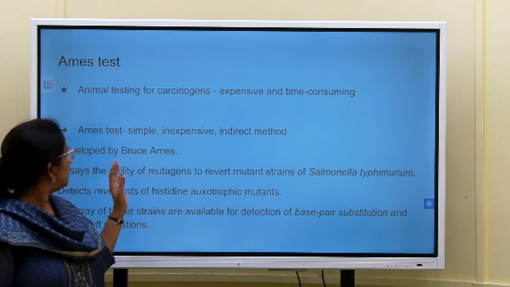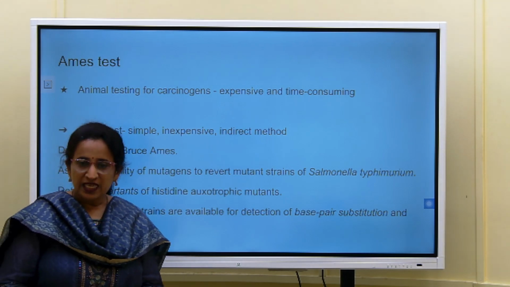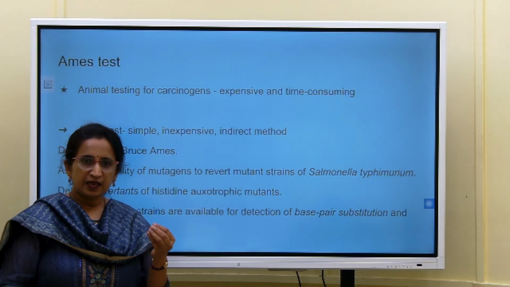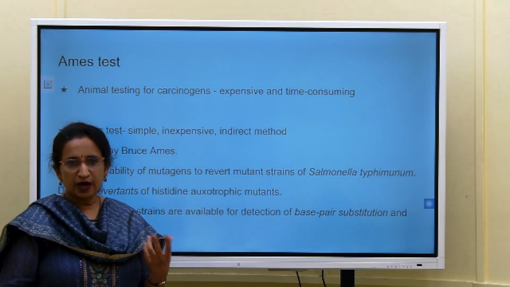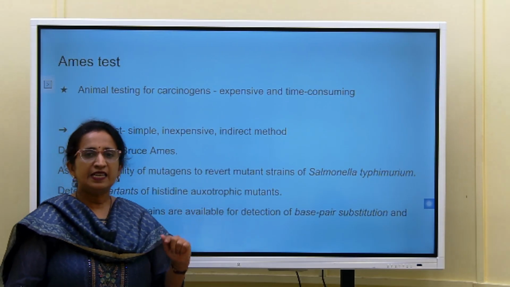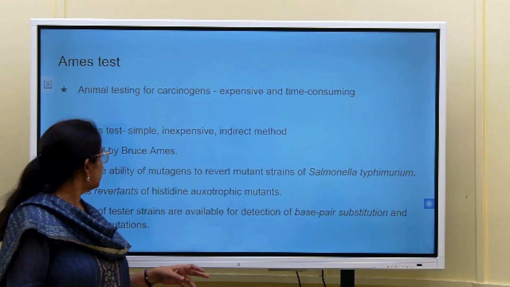So here we come to the Ames test, which was developed by Bruce Ames. The Ames test is a very simple, inexpensive and fast method compared to tissue culture, but it is an indirect method, and it has a lot of practical applications.